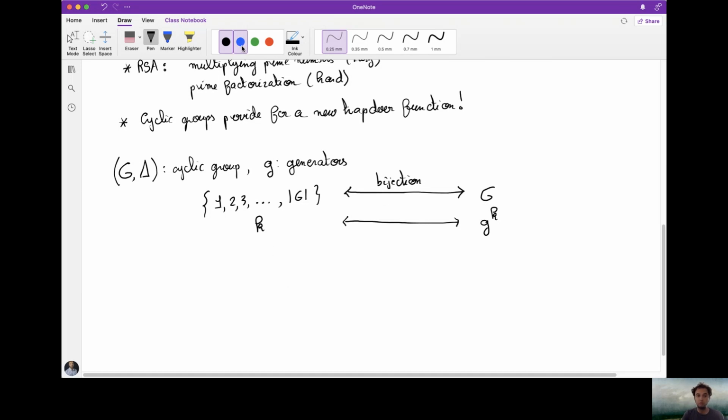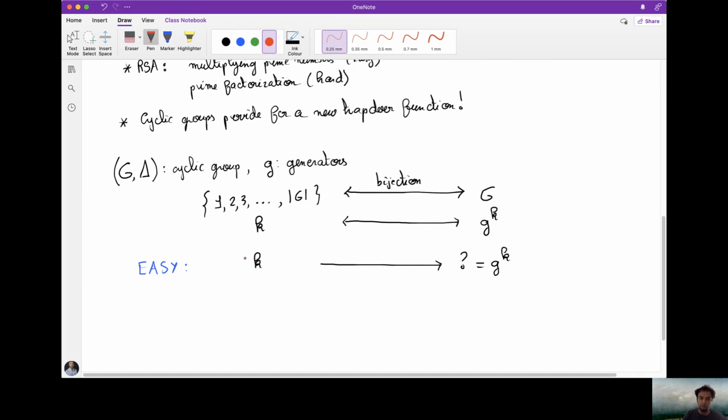The one that is easy to compute is from the left to the right. If you give me a number k, and I want to compute from this g to the power k, well, I can take a computer and I will do this very easily.